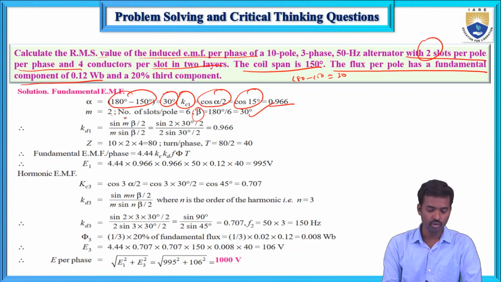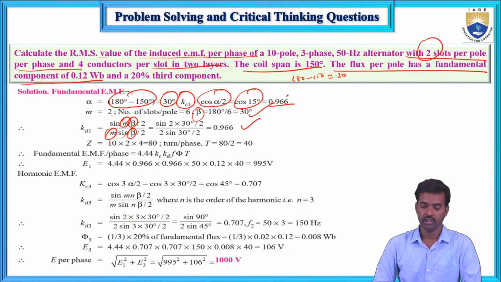Kd is calculated with m equals 2 and beta equals 30, and that value equals 0.966. So Kc and Kd have the same value, but the formulas are different. Now Z equals 10 into 2 into 4, the number of slots into 2 into 4 conductors, which equals 80.